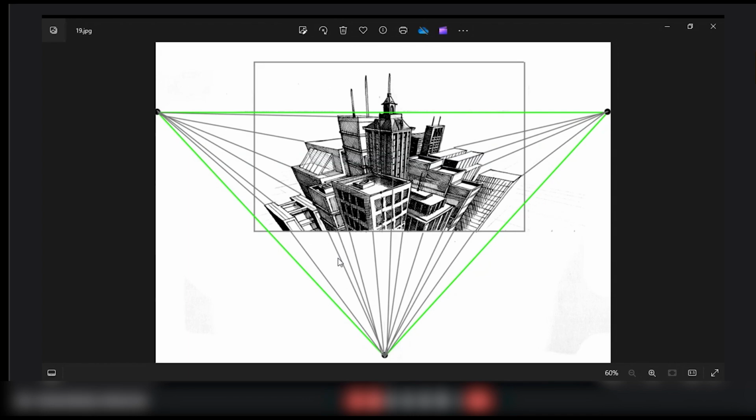3-point perspective incorporates a third vanishing point, or third focal point. Now what it does is it allows dynamic and dramatic views which we can imagine in a 3D space.